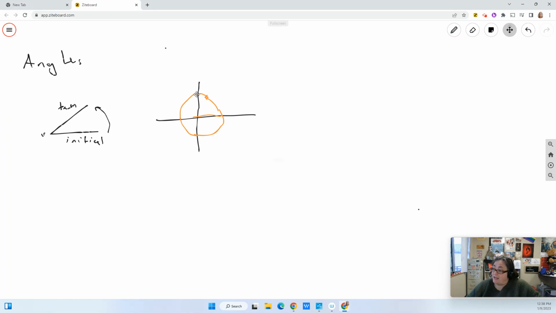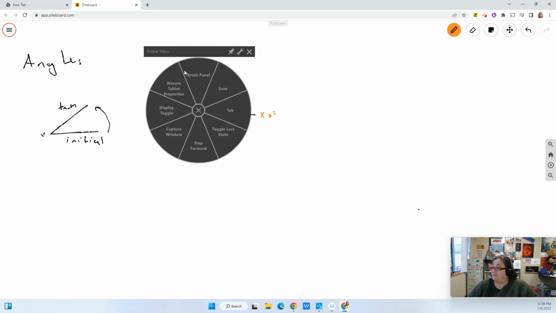But when we're talking about the angles themselves, usually we start the count on this line right here, which would normally be our x-axis. That is where we'd start the count, and that would be 0 degrees right here, and then we would measure the distance, like 30, 45, 60, 90, 120. Look, it just made them for me right there.